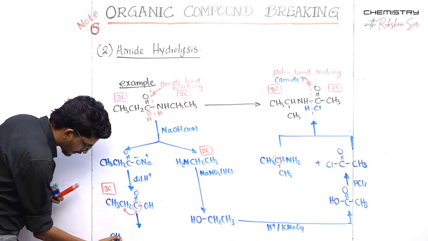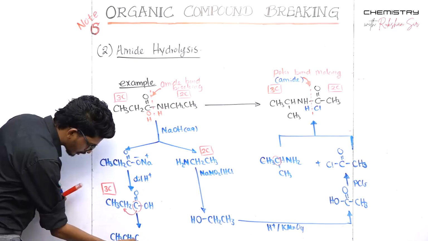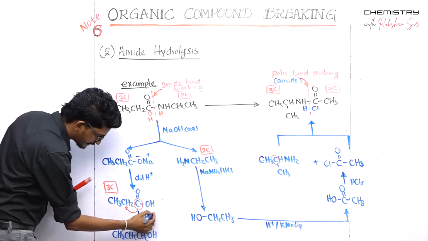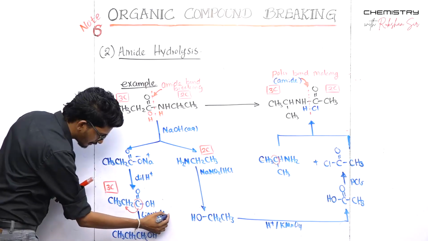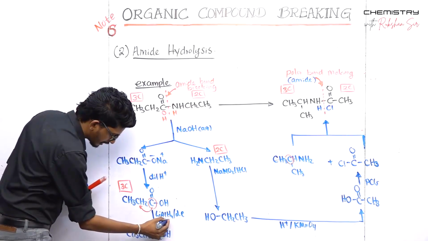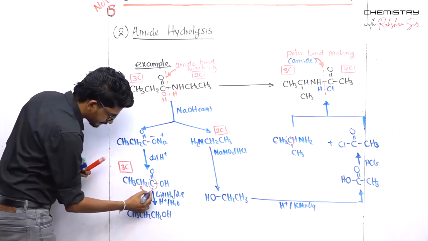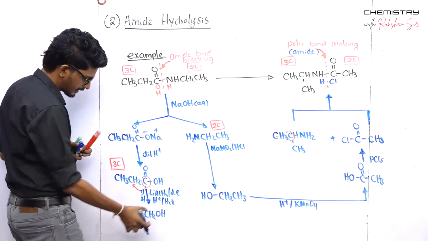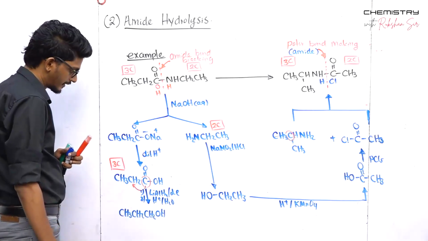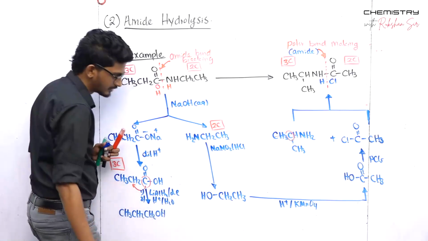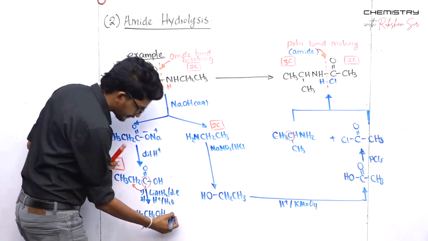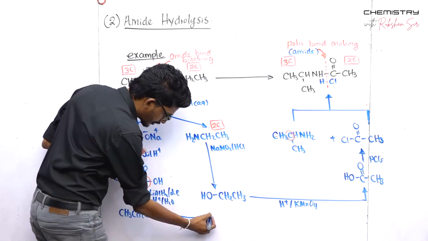So we can convert this stuff to the alcohol by just adding lithium aluminum hydride in dry ether medium and then H plus, H2O. Then we can convert this alcohol to an alkene, as we are supposed to bring the functional group to the center.